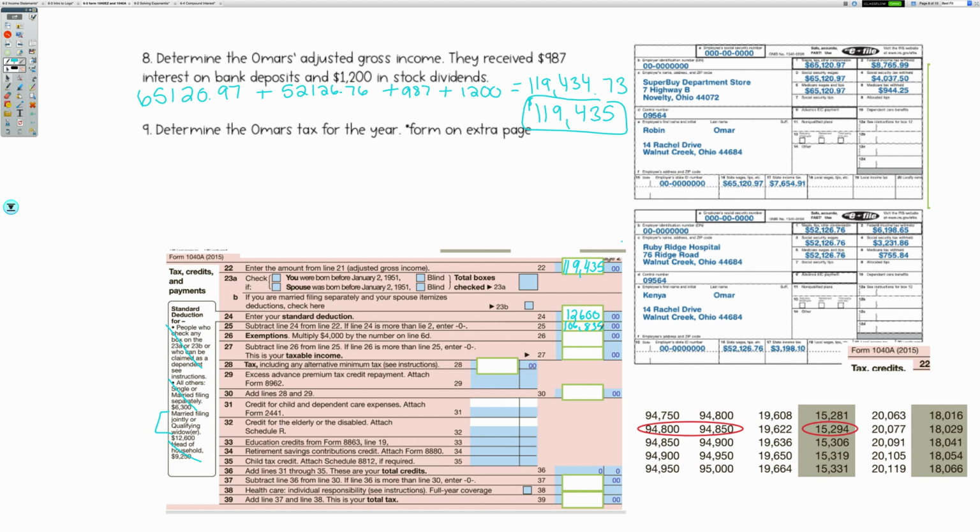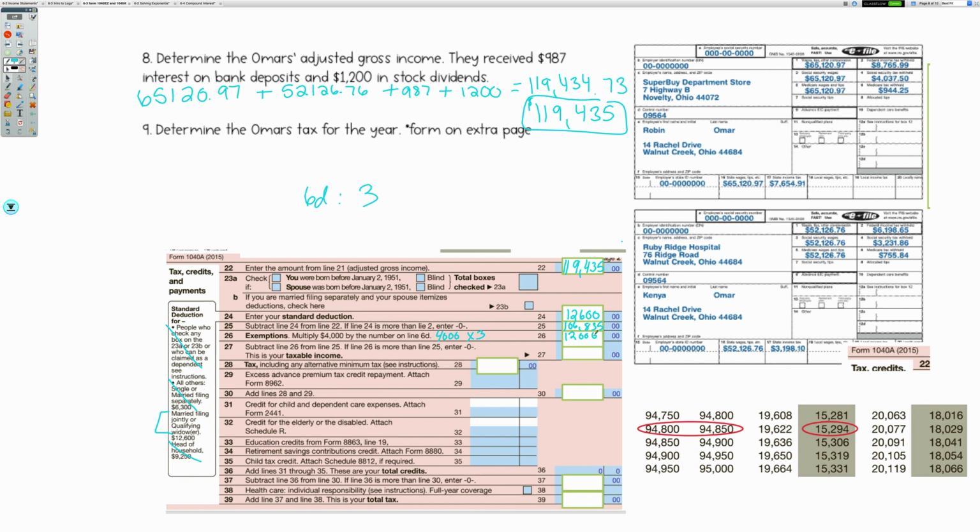And the next one is about their exemptions. So how many people are relying on this income? It says multiply 4,000 by the number on line 6d. So how many exemptions did they have? 3. So 4,000 times 3, which is 12,000.